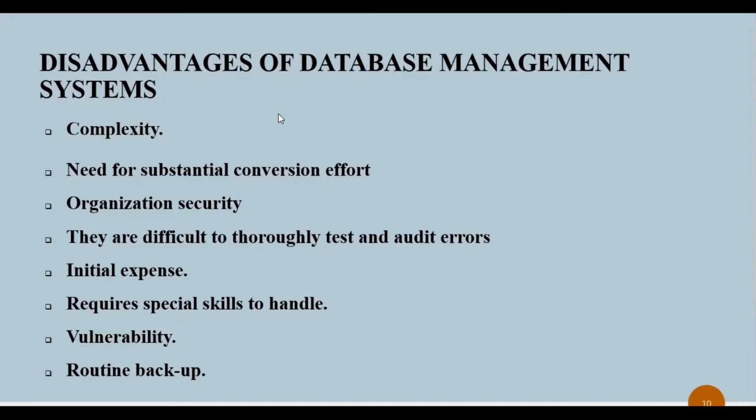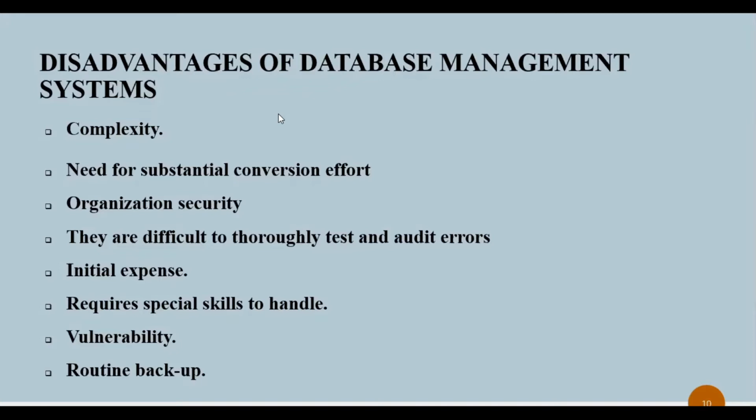Then they are difficult to thoroughly test and audit errors. So that's why we always talk about updates and upgrades. You'll never find a system that is 100% okay, because as computers keep on evolving and systems keep on evolving, the way the systems appear or the way the features work also keeps on changing.